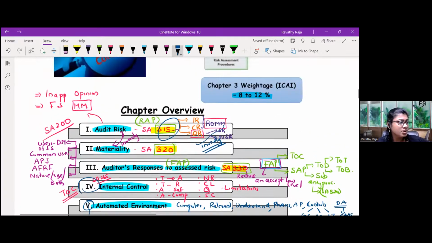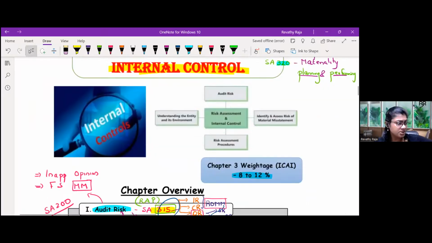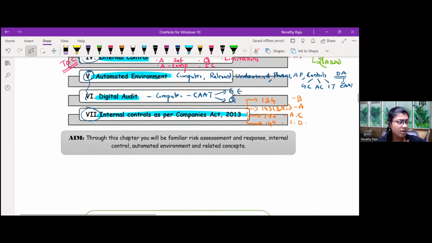So it's a chapter that requires conceptual understanding of the topics, where you will be familiar with the risk assessment, how to respond, mainly about internal control and the automated environment. So do that chapter properly and especially concentrate on the audit risk element very well. All the best.